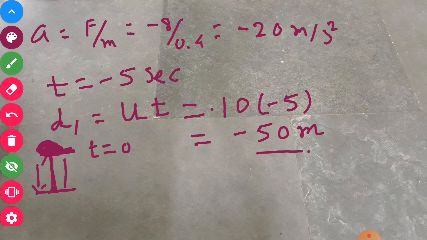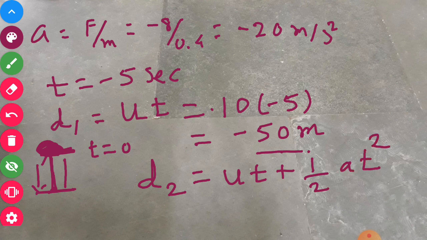Now we shall find out the position at t equal to 25 seconds. Now it is accelerated motion, so we can use this formula, d2 equals ut plus 1/2 at square.